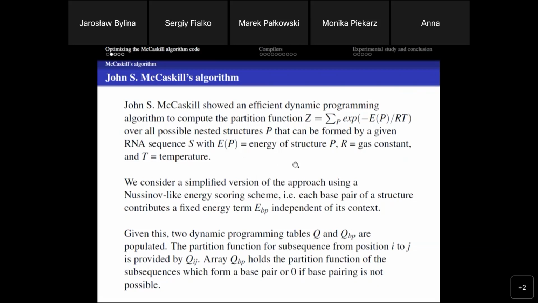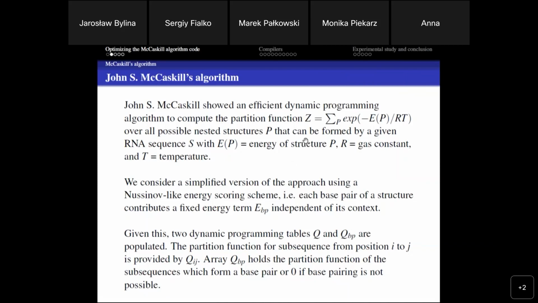And the main computational problem in this benchmark is building two dynamic programming tables, Q and QBP, and there is a lot of computation here. This array holds the partition functions of the subsequences which form a base pair, or zero if base pairing of this RNA sequence is not possible.